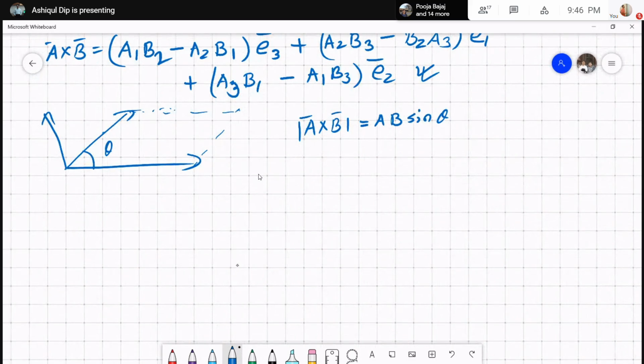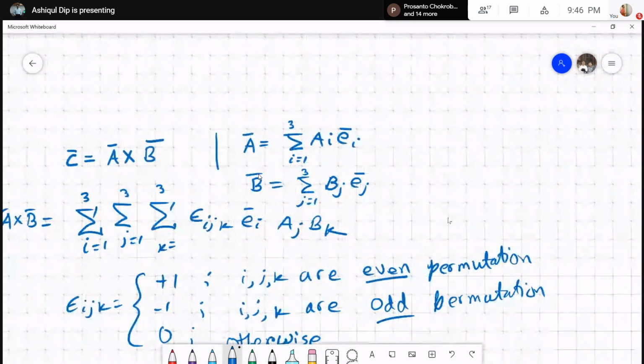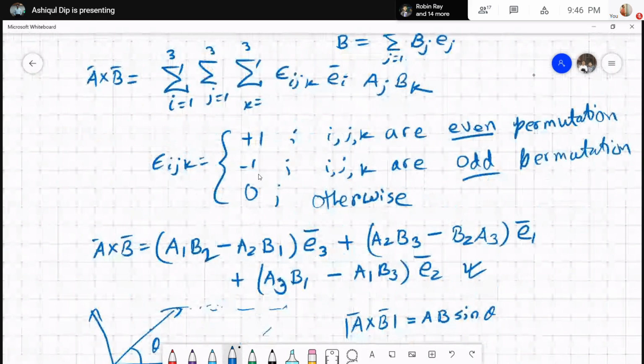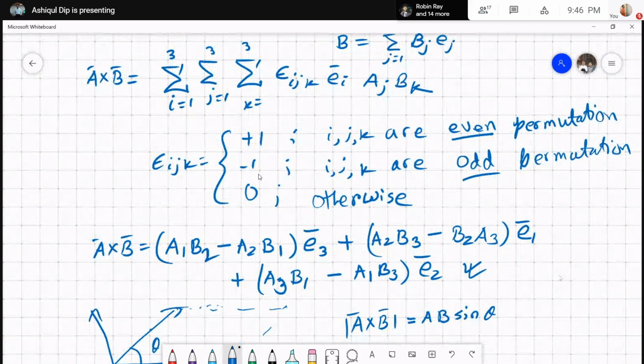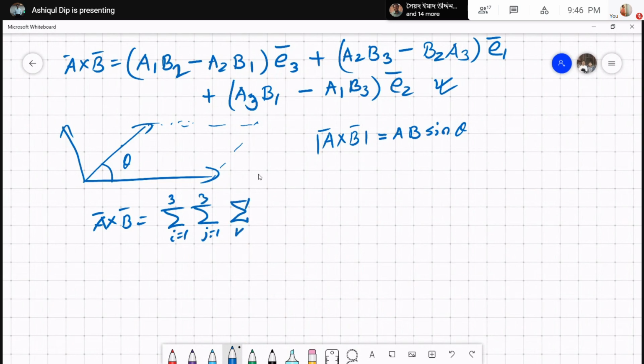So this thing, I need to rewrite it, otherwise it's hard for me as well. Can you read my handwriting? Yes, clear. All right.